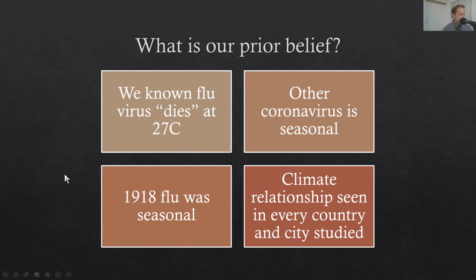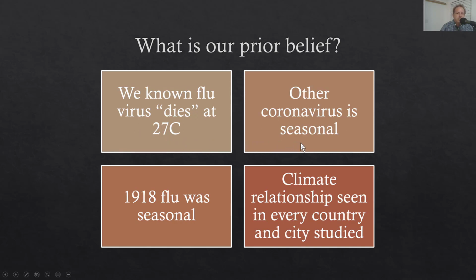So one of the ways we tend to deal with this kind of modeling is we try to think about priors. Priors are basically things where, rather than just having a null hypothesis, we start with a guess as to what's more likely. In this case, if memory serves correctly, I think we know that flu viruses become inactive at 27 centigrade.